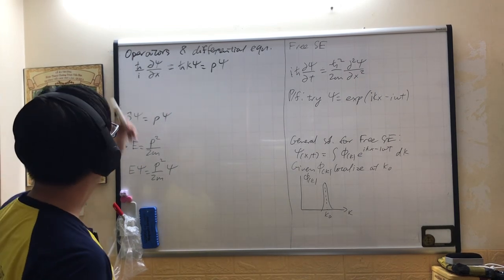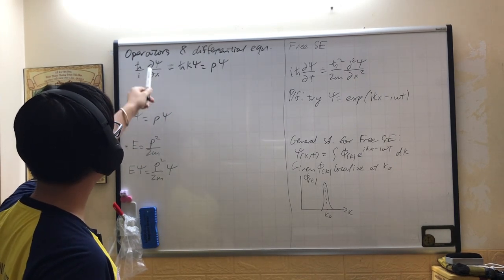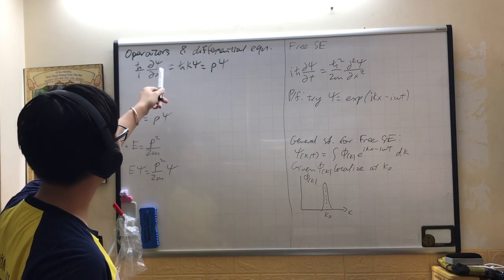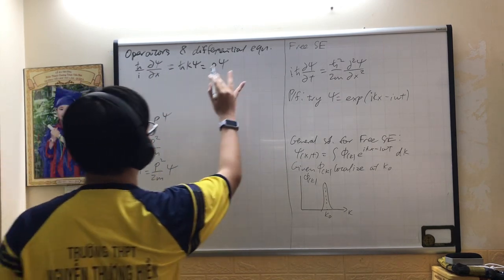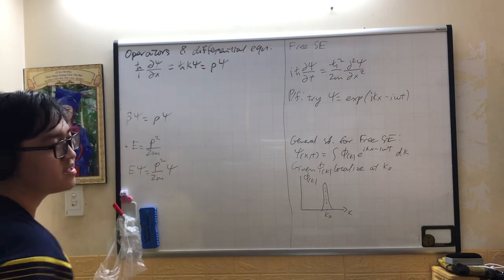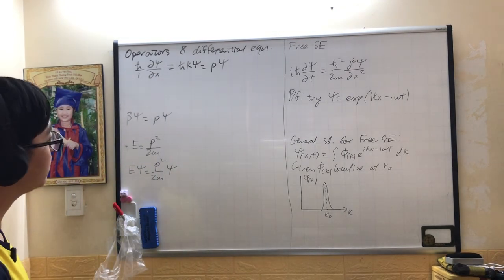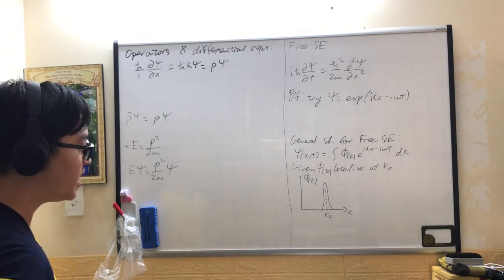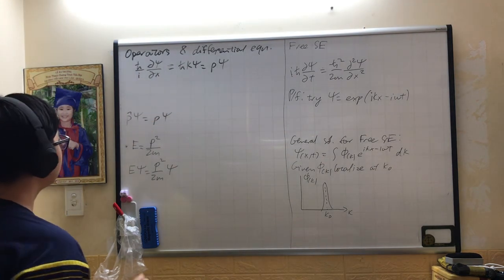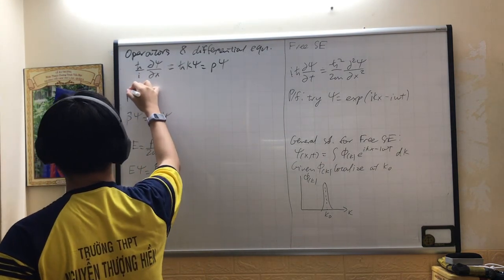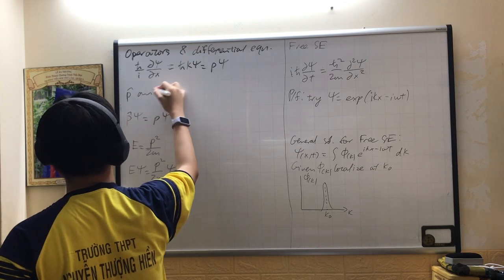We have h bar over i, the partial derivative of psi, is equal to h bar k psi, and equal to p psi. This is the momentum operator p hat, and if this is true, then we can call p hat an operator.